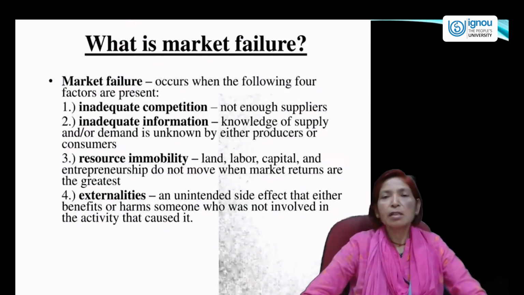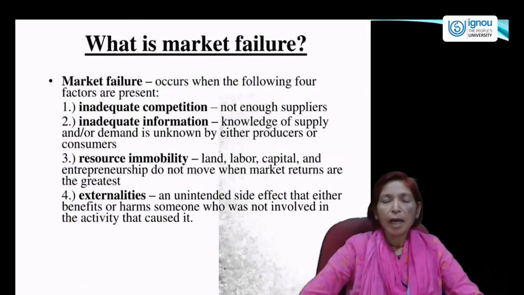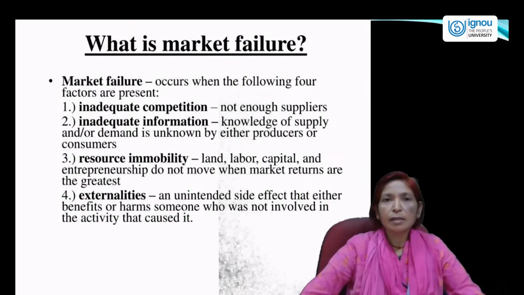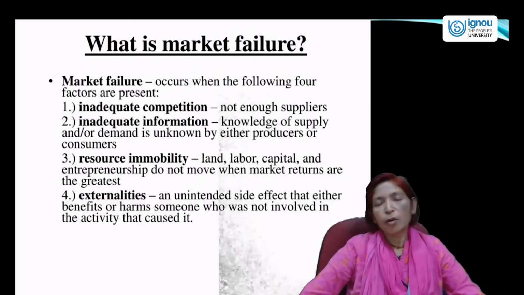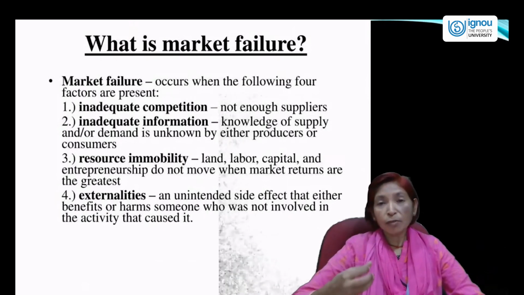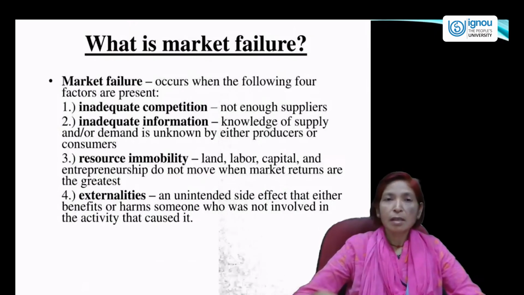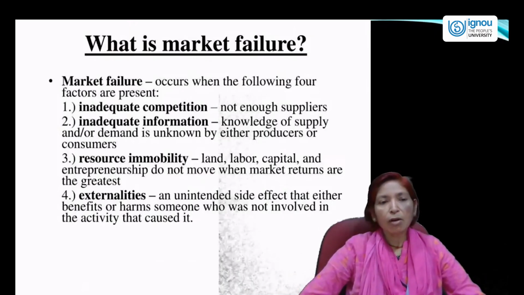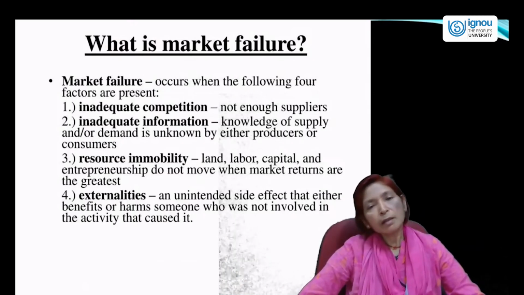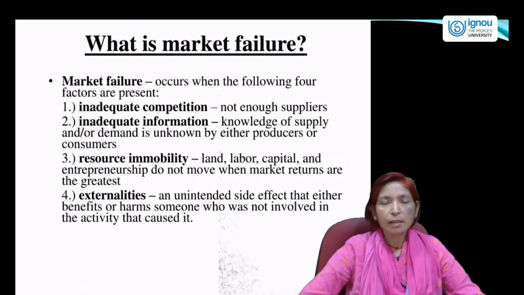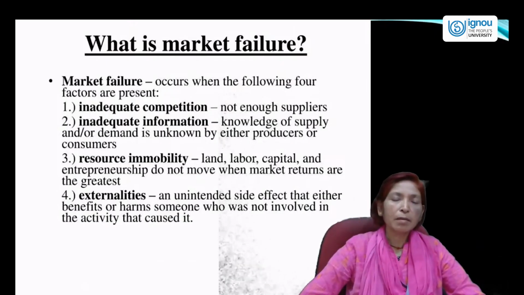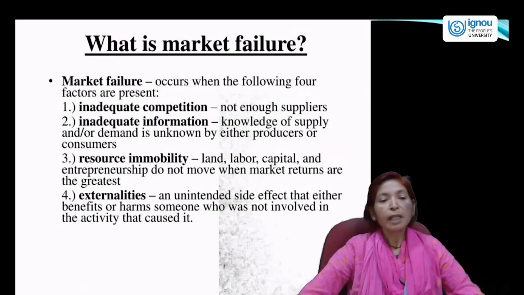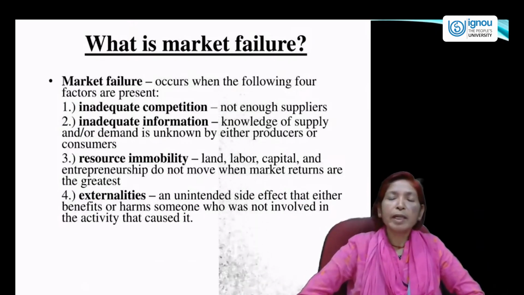If information is not properly available and consumers are not aware of the price of the commodity and the product which the supplier is supplying, in this case inadequate information or knowledge of supply and demand is unknown by either producer or consumer, and the market will become a failure. Third is resource immobility.